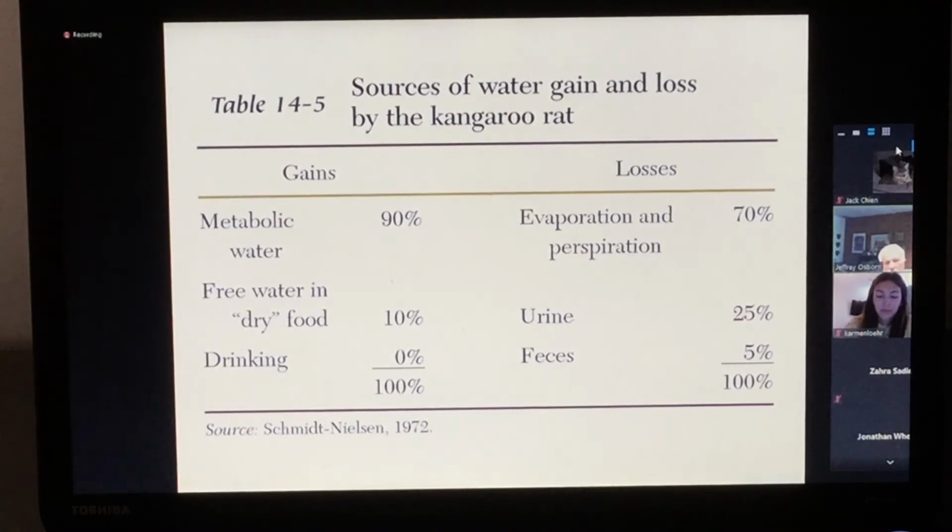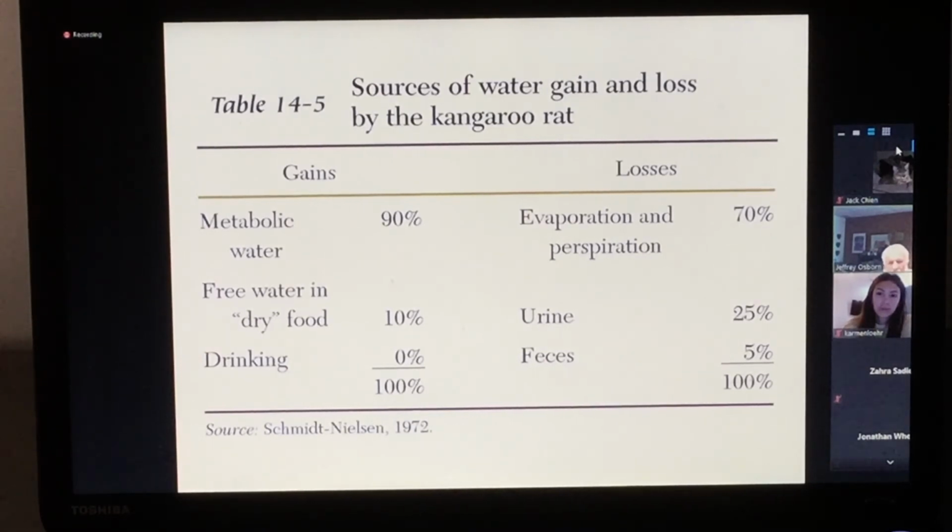Whereas the kangaroo rat has exactly the opposite situation. They lose 70% of their water through evaporation and perspiration, and only about 25% through their urine, because their kidneys are able to reabsorb so much water. And we both lose about 5% of our daily water intake through our feces, making 100% of our water loss equal to our gains. Water intake and water loss have to be the same every day.